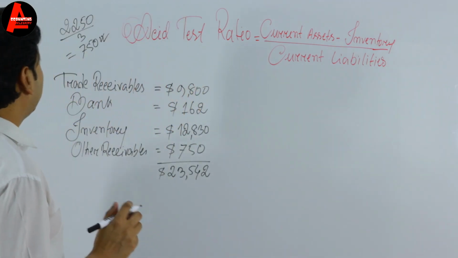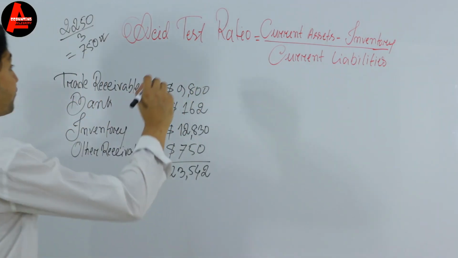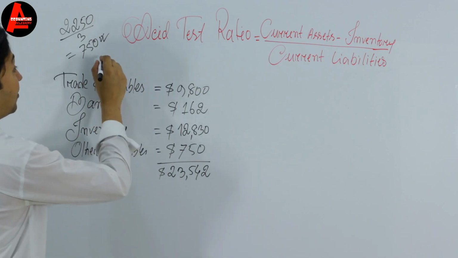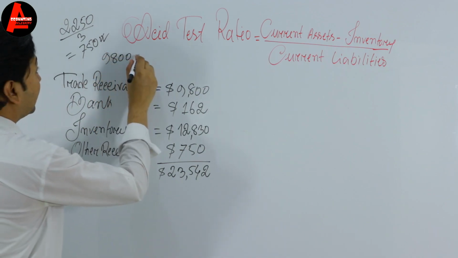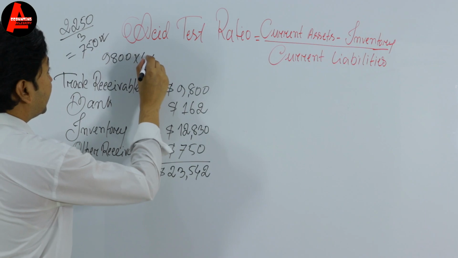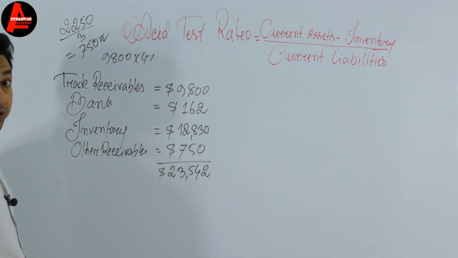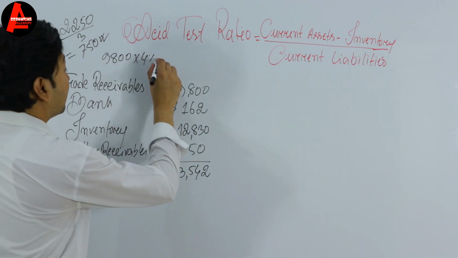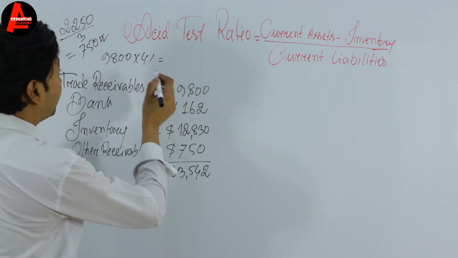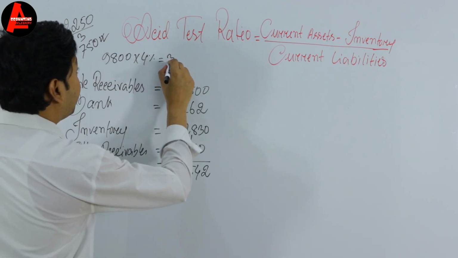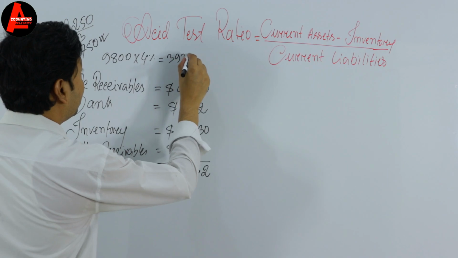So here we will calculate. How to calculate? So here we see $9,800. It is 4% provision for doubtful debts. If we multiply 4%, we see here $392.